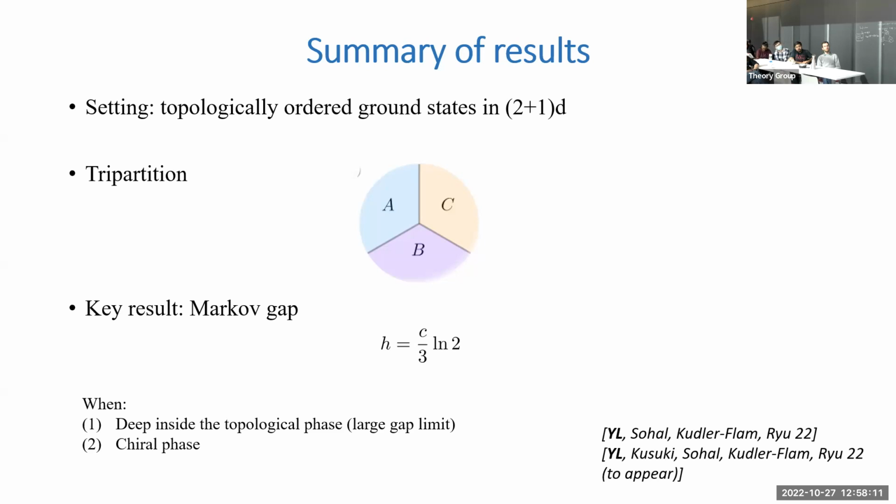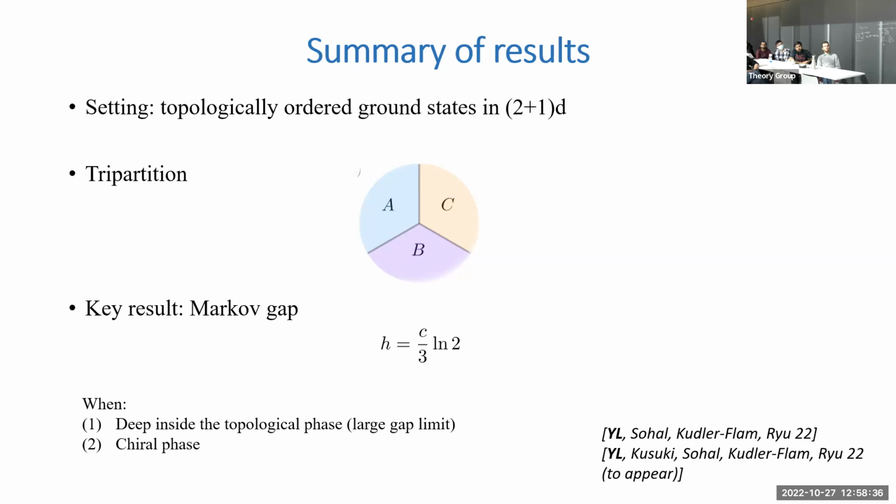So you can see that there is a junction. Let me first talk about the results. The key result is that in this case, the Markov gap will also be related to the central charge for this system.